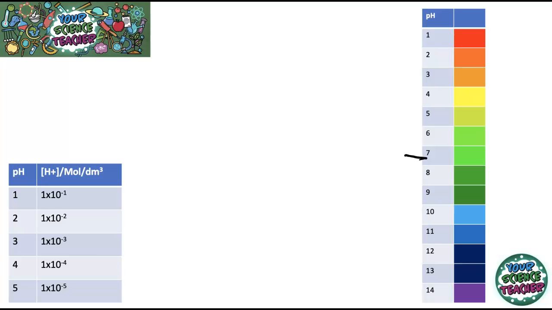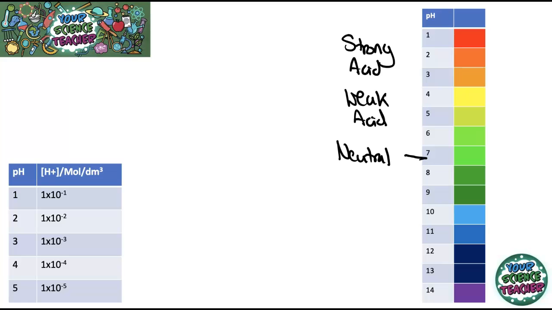It goes from 1 to 14, and 7 is what we call neutral, where it's neither acidic or basic. And as we go lower numbers in the pH scale, we start off with our weak acids, and then we have our strong acids right at the top, with the lowest pH of them all.